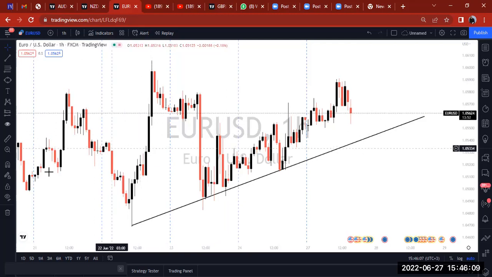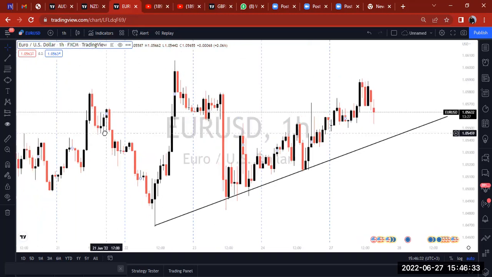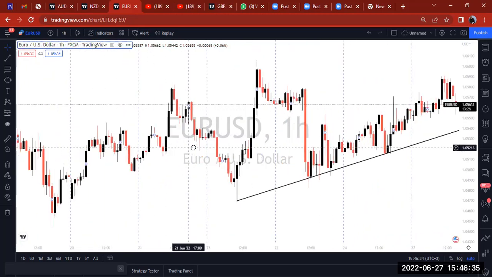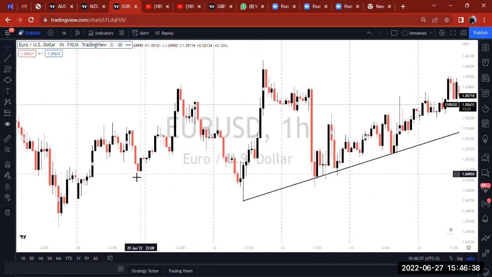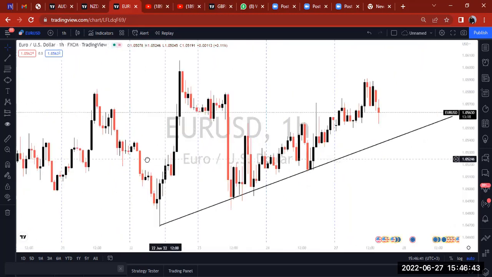And I'll give you an example of an inside bar. I'm trying to look for a couple of examples here and there.